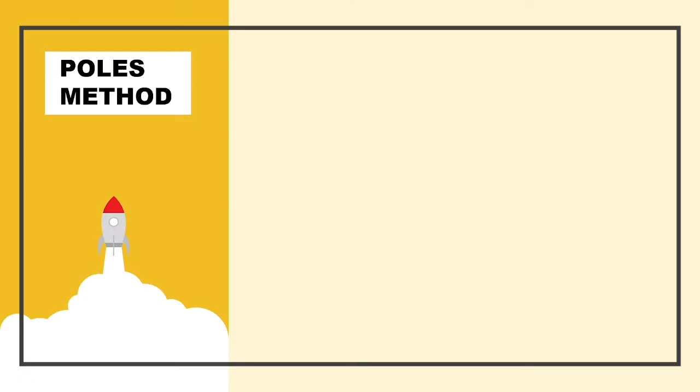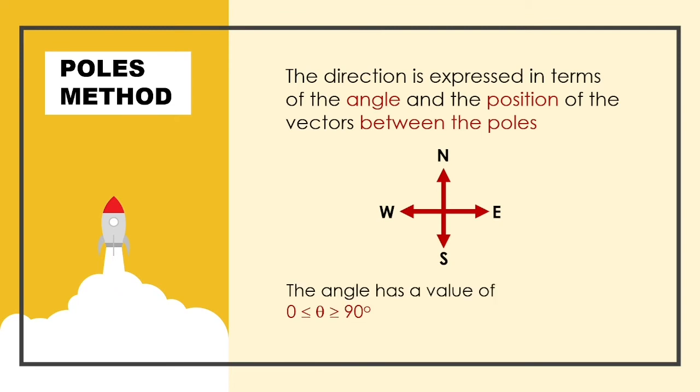Now, let us look at the pole method. The direction of the pole method is expressed in terms of the angle and the position of vectors between the poles. The angle has a value of between 0 to 90 degrees.